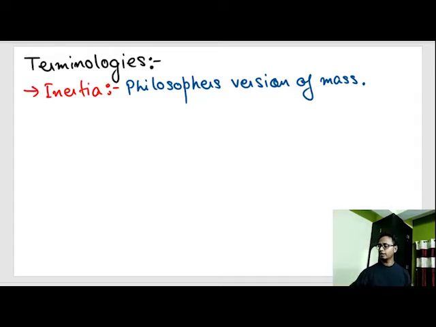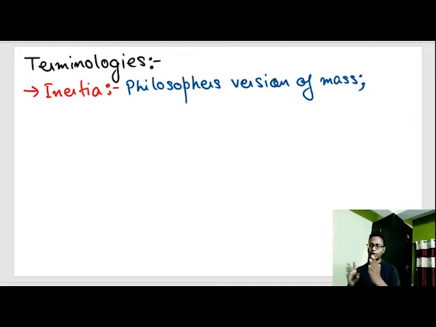See, inertia was coined by Newton, and in those journals, things were written very philosophically. Maths wasn't as advanced as it is now. So instead of unit and dimension, they said that a heavier mass will be more difficult to change its velocity.